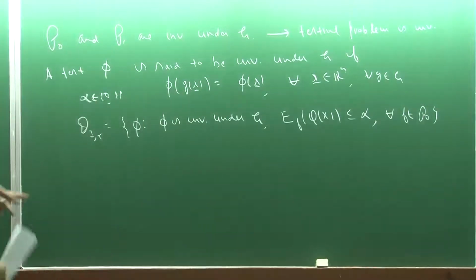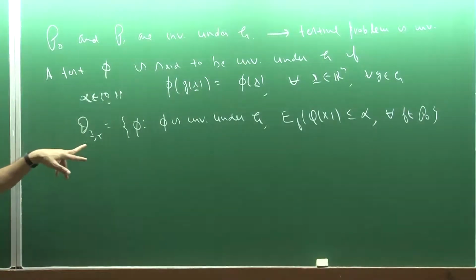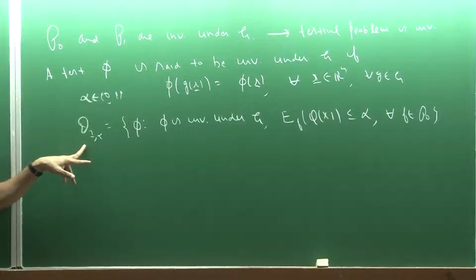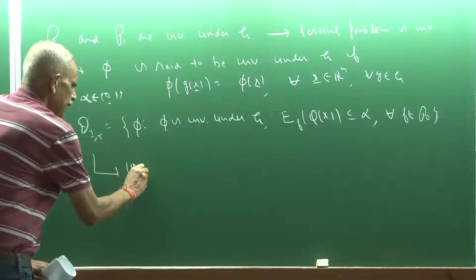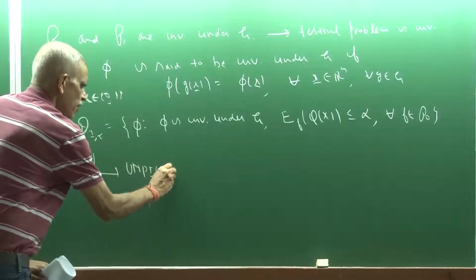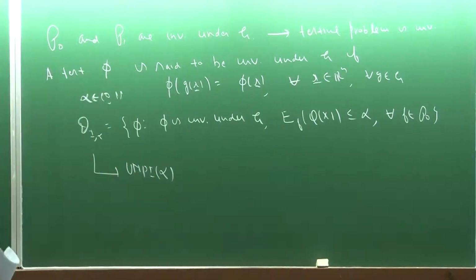And then I try to find a test which has maximum power among the tests in D_alpha. I call that test the UMPI alpha test, the uniformly most powerful invariant test of level alpha.